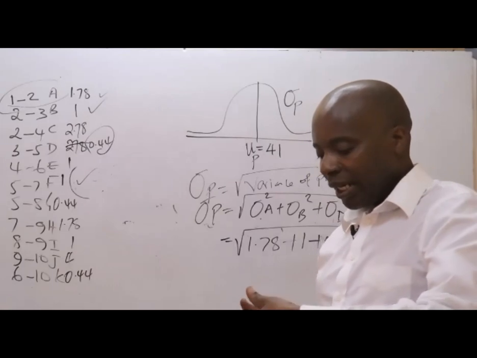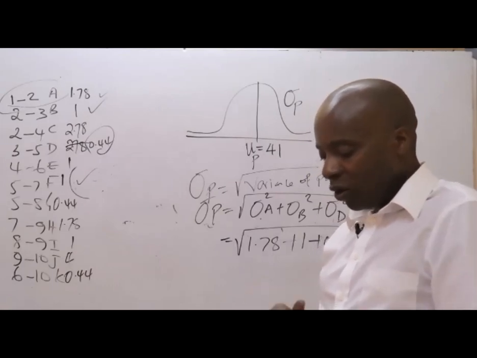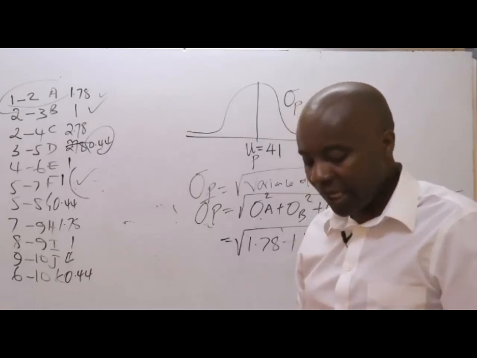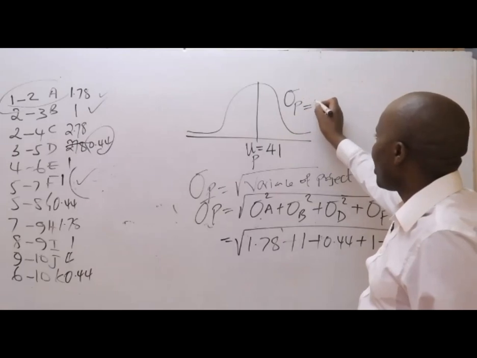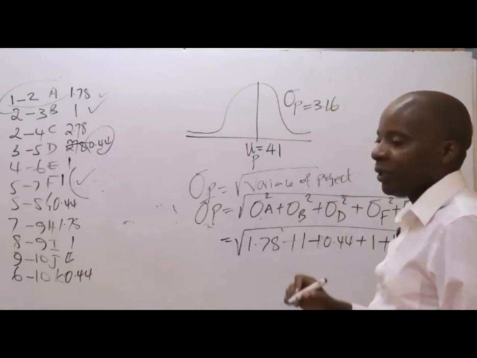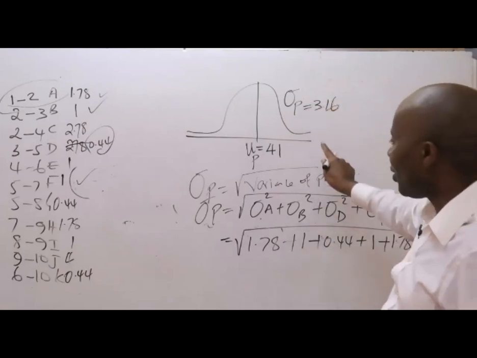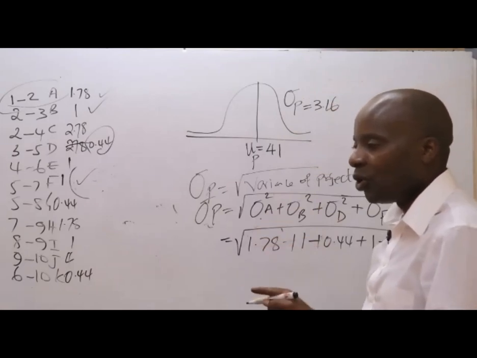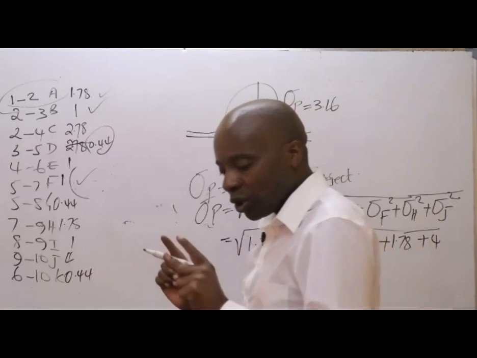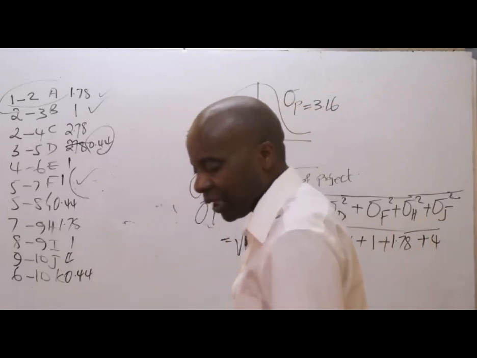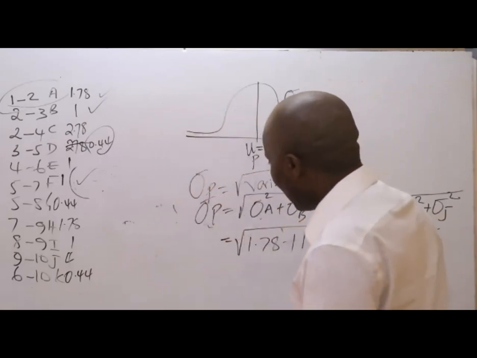So I need the square root of 10. What am I getting? I'm getting the standard deviation to be 3.16, the standard deviation of the project. So these are steps that you have to stop your video, rewind back and watch again. Watch over this severally. Not once, not twice, severally.